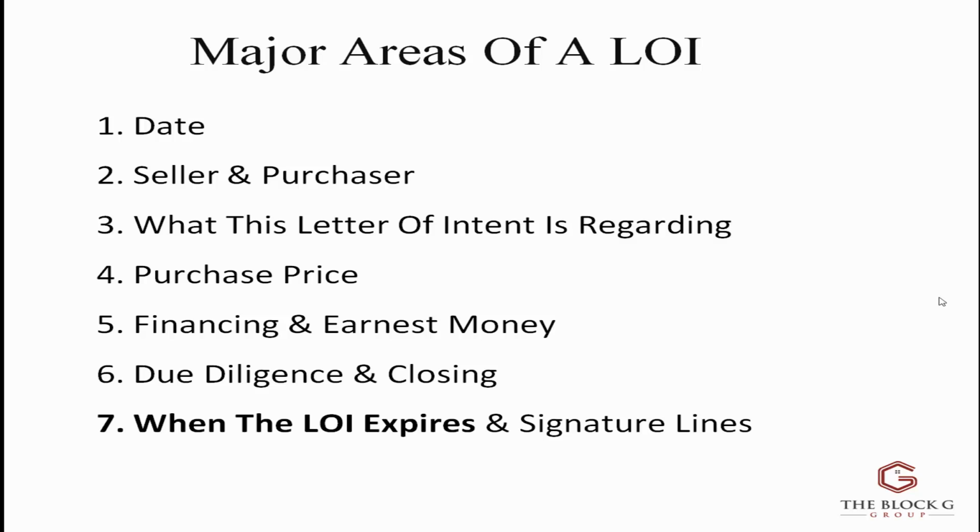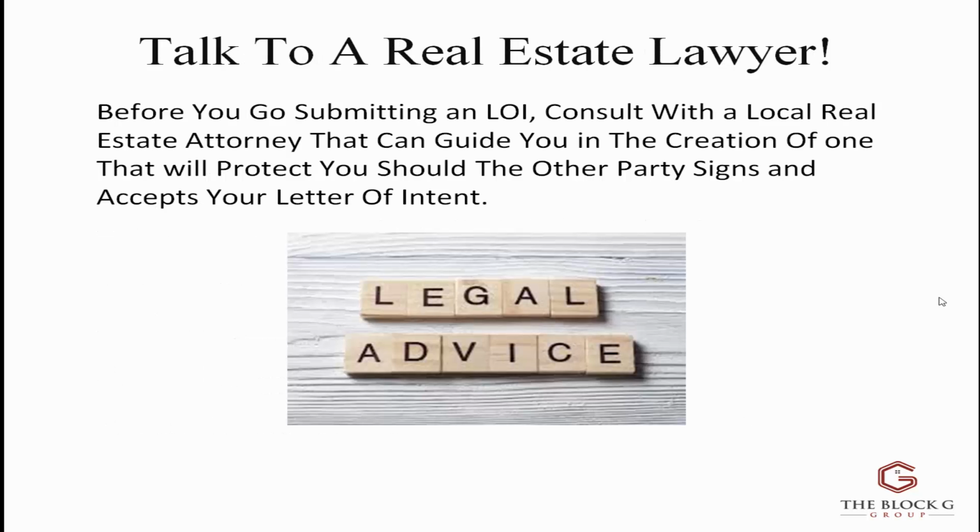And they also have to have signature lines, all right? But the biggest thing there, when it's bolded, is that the LOI expires. Again, you're just kind of testing the waters. You're saying, hey, listen, what's going on? But you know what? This expires in 5 business days, or this expires by next Friday. You want to make sure you put that in there.